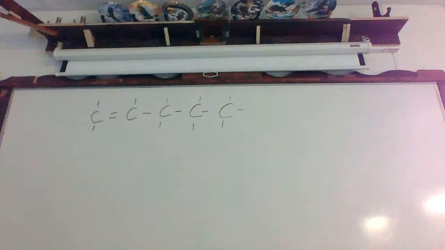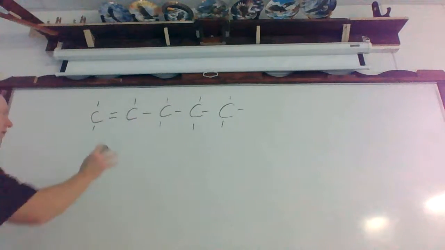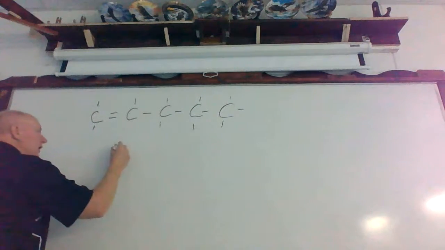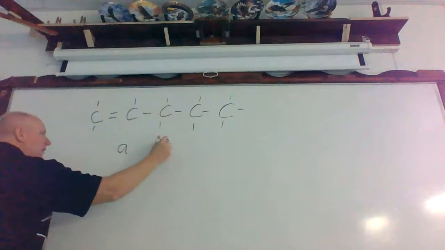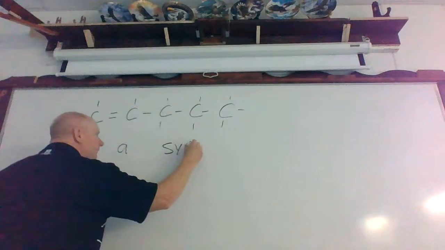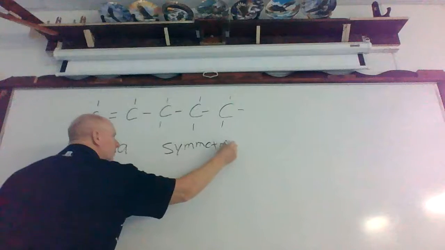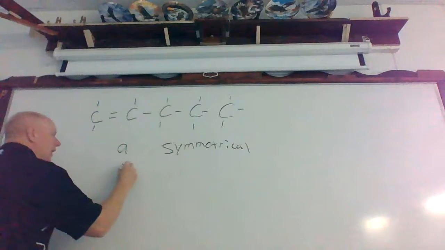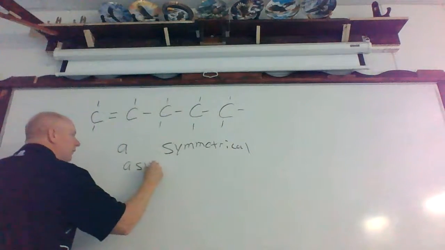And when we establish whether this is an asymmetrical compound, you have to be careful when you say it. This is why I always say the symmetrical or the asymmetrical. If you said, is this the A space symmetrical, or is it the asymmetrical?